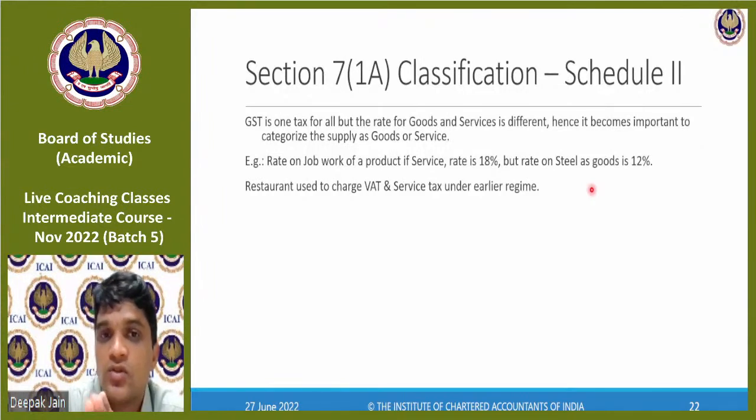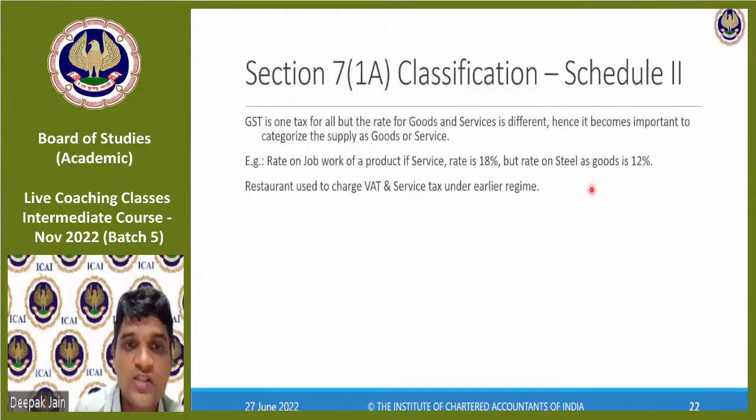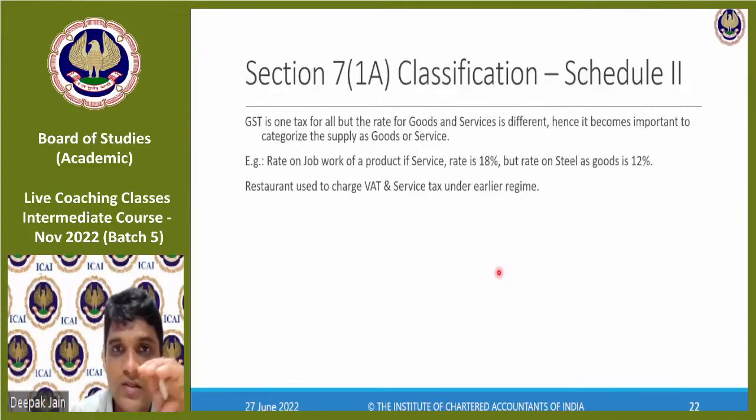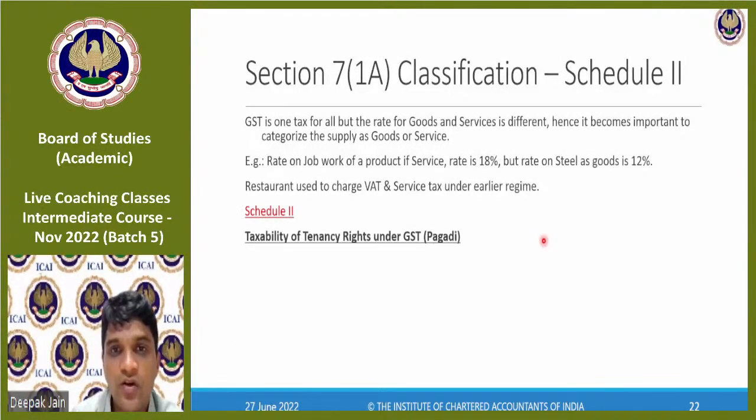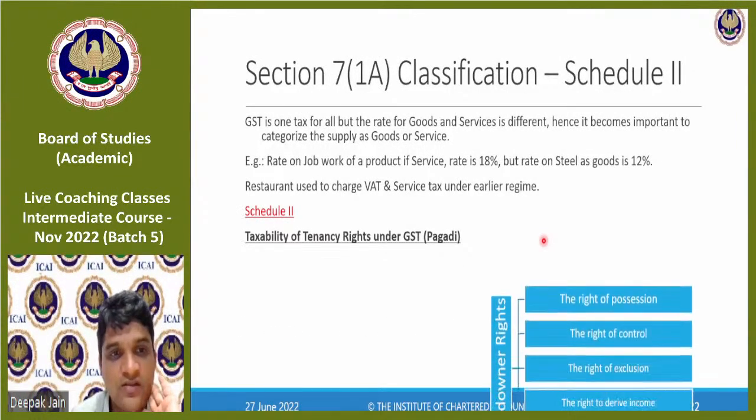So whether it's goods or services is important. That's why this Schedule 2 is there. Restaurants used to charge VAT and service tax under the earlier regime. That's why they've put it under Schedule 2 now, saying that restaurant service is liable for GST at the rate of services. So Schedule 2 is not covered in your syllabus, but just a general understanding: Schedule 2 is for classification between goods and services.